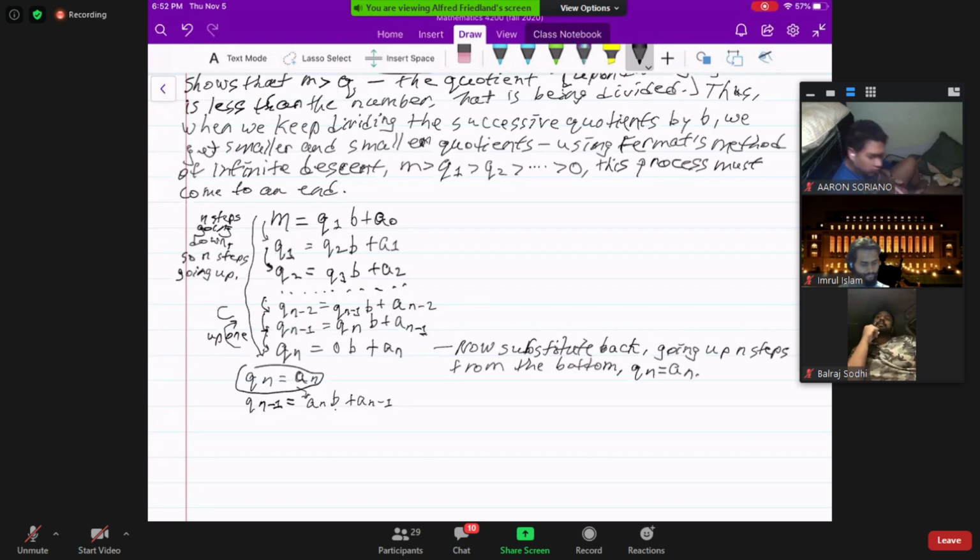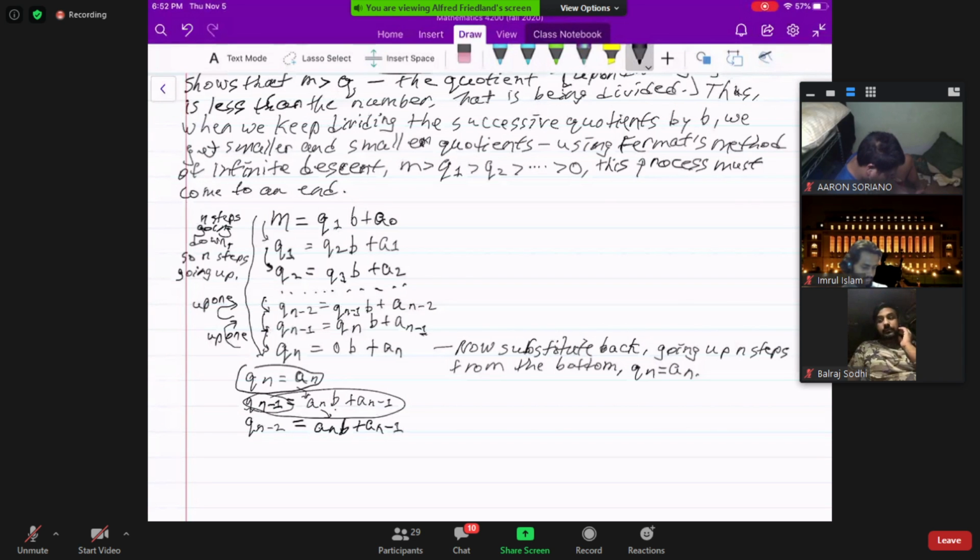Let's go up again one. So now we have Q sub n minus 2, right? And we have the third line up, Q sub n minus 2 equals what? Q sub n minus 1, but Q sub n minus 1 is A sub n B plus A sub n minus 1.